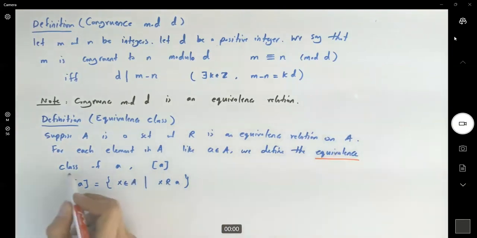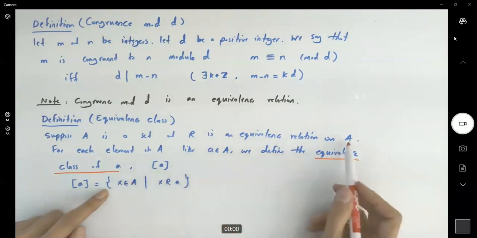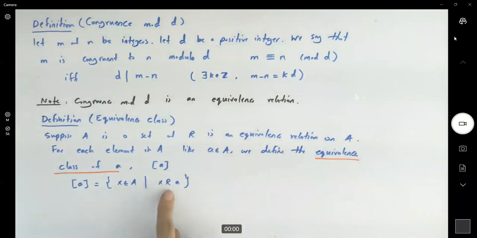So the equivalence class of an element is a set including all members of set A that are in relation with a. So x is in relation with element a.